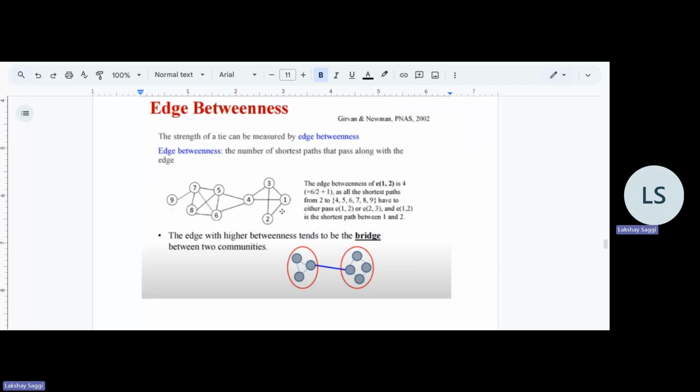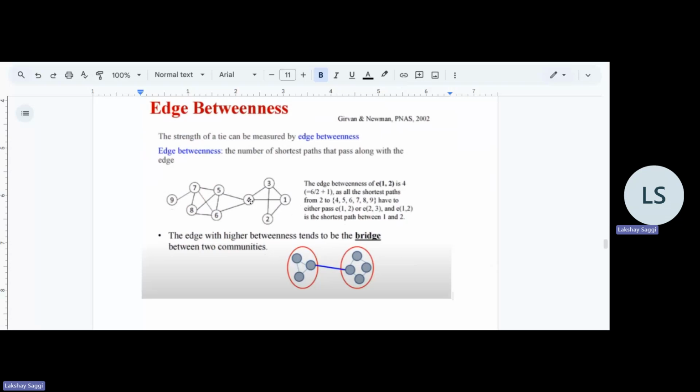And then if you look at the pair of vertices 2 comma 5, the shortest path between 2 comma 5 will be of length 3, and one shortest path can be 2 1 4 5, which uses this edge.